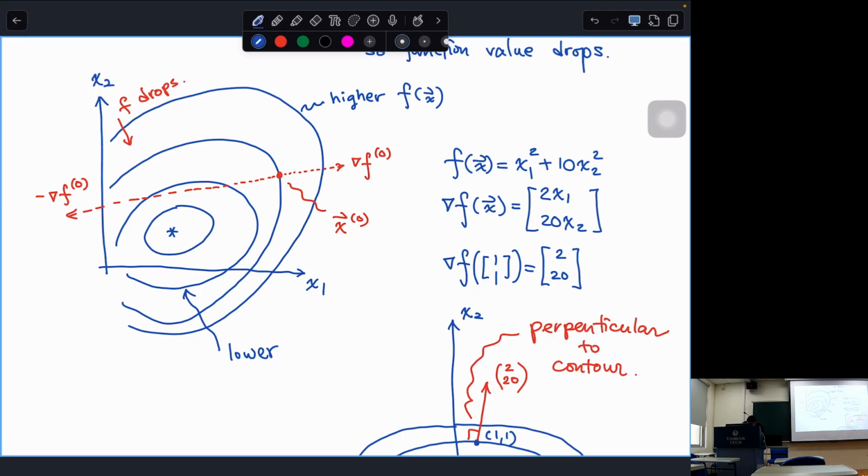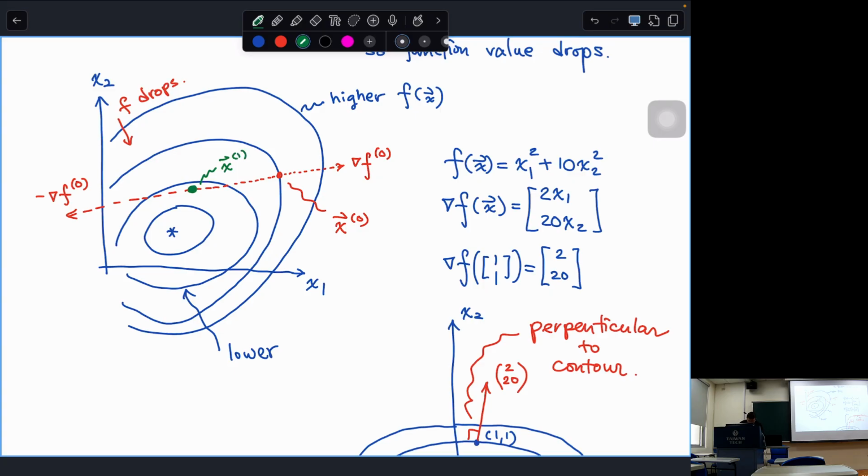I want to find the lowest point along this line, and that would be my next design position. So this would be my desired x1.